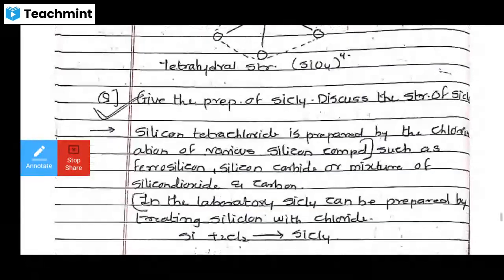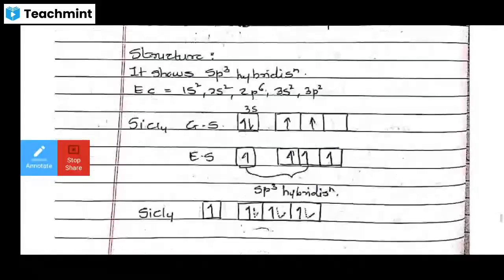Now SiCl4. The SiCl4 structure is formed from silicon and four chlorine atoms. If you see the electronic configuration of silicon, it has two electrons in the outermost shell, and if we excite it, we get four unpaired electrons.